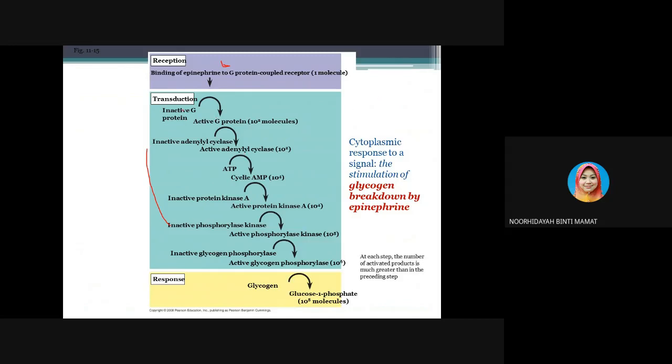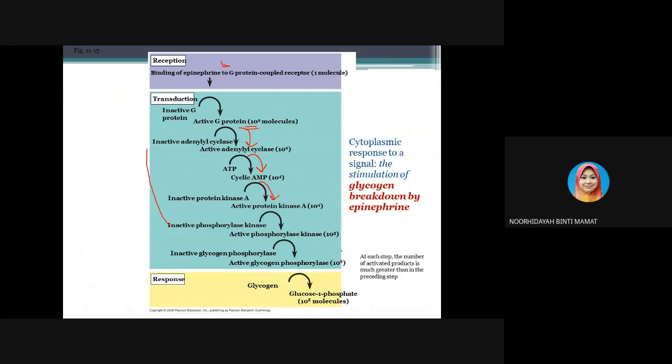As you can see, from inactive G protein to active G protein, here is 10 to the power of 2 molecules. Then in the second step, it will activate adenylyl cyclase, then we go to cyclic AMP and then to the active protein kinase.